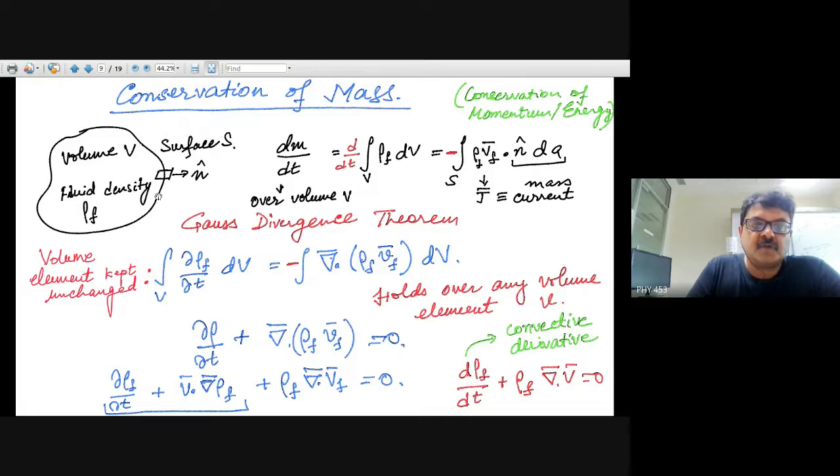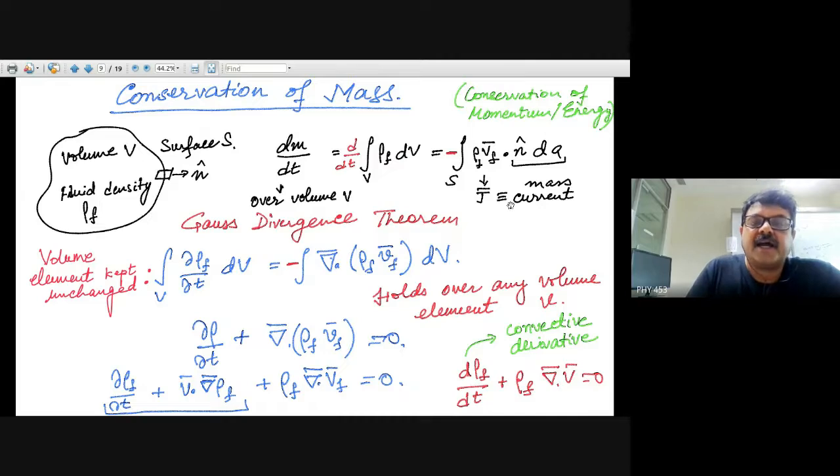Over the entire surface, if you calculate the flux of the fluid flowing out, the integral is over S. So dm/dt is the derivative with respect to time of the integral of rho f dV, which is the total mass. This rate of change is equal to the flux of fluid out through the surface. This is the mass current, if you like.